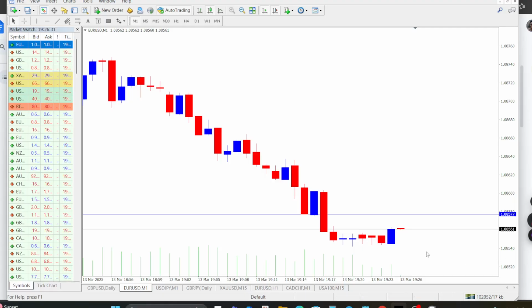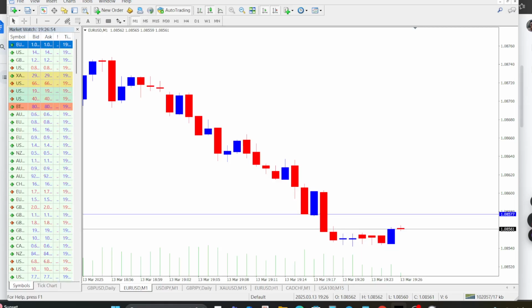Spreads tend to widen during major economic announcements. If you see a sudden spike in spreads, it might indicate increased volatility ahead. Traders who rely on scalping or short-term strategies need to watch spreads closely to avoid unnecessary losses. The spread matrix helps you keep track of these fluctuations in real time, giving you an edge in trade execution.